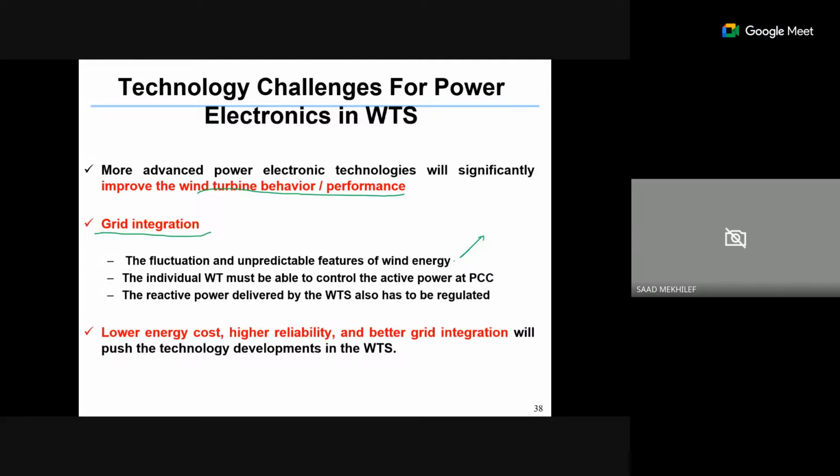The individual wind turbines must be able to control the active power at the PCC, the point of common coupling. That is also for grid integration. The reactive power delivered by the wind turbine also has to be regulated. This all ensures grid stability and good integration into the system.